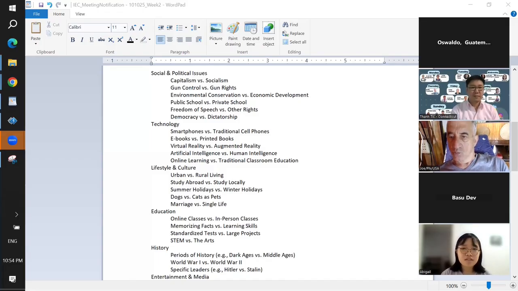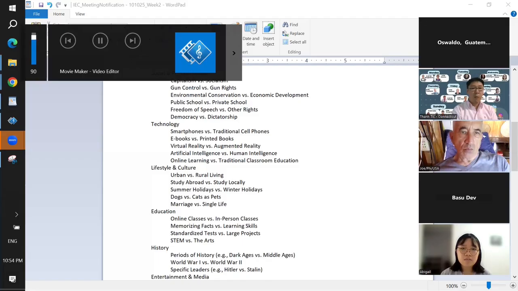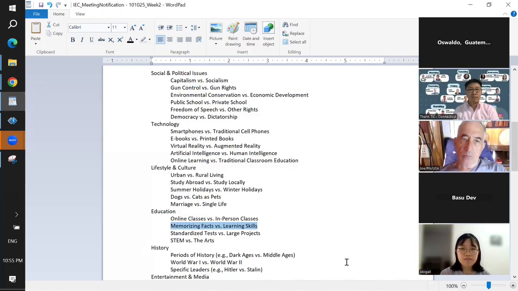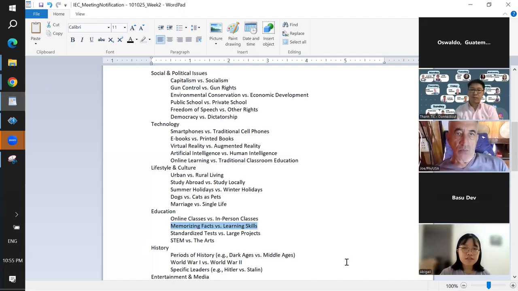I selected the topic memorizing facts versus learning skills. I think it is based on Bloom's taxonomy. There are 6 levels of learning skills. The bottom 3 are the least effective, and the upper 3 are the most effective. Memorizing facts is just trying to recite the information and download it into your brain without analyzing it, without interacting with the information.